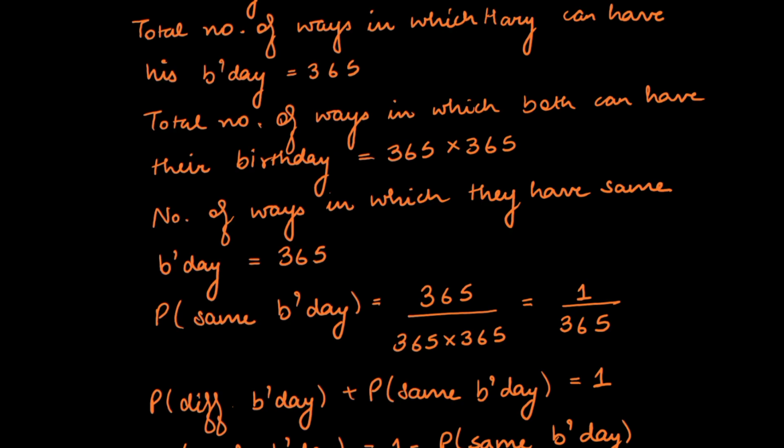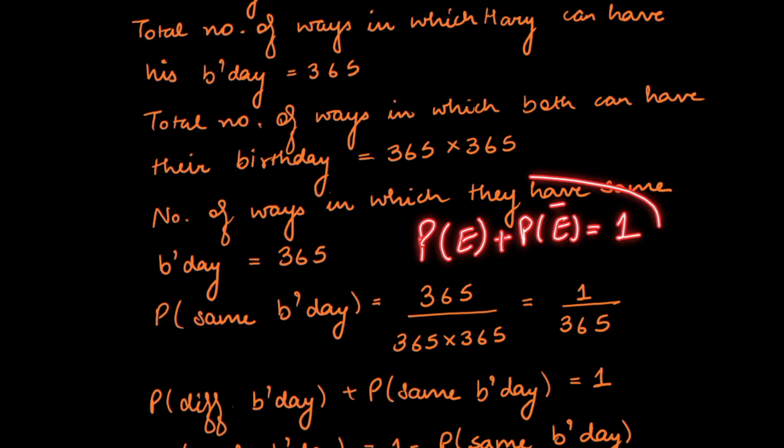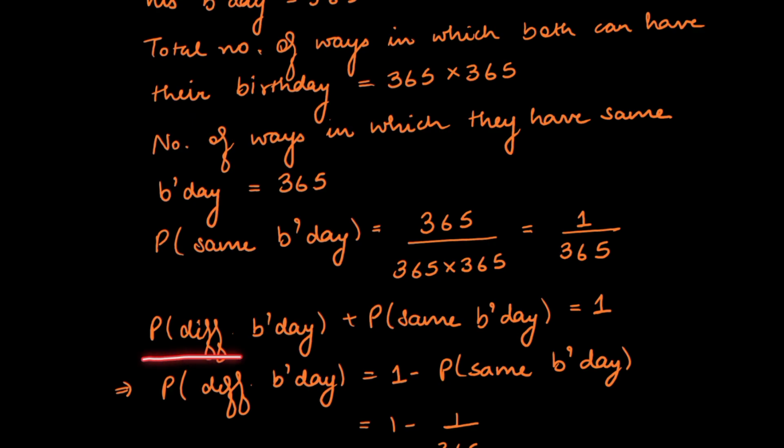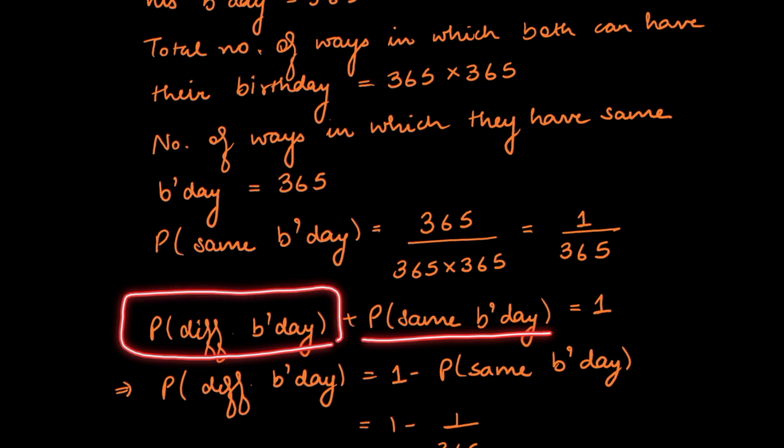Now, we all know the probability of occurrence of an event added to the probability of non-occurrence of an event is equal to 1 always, right? So, the probability of having a different birthday plus the probability of having the same birthday, we can write it in a different way also: probability of having the same birthday plus probability of not having the same birthday.